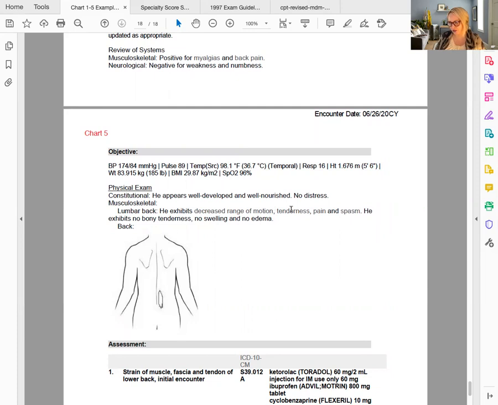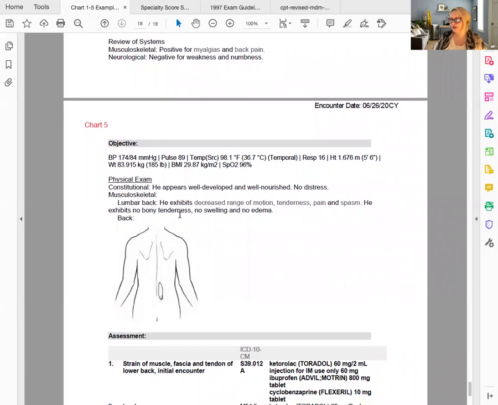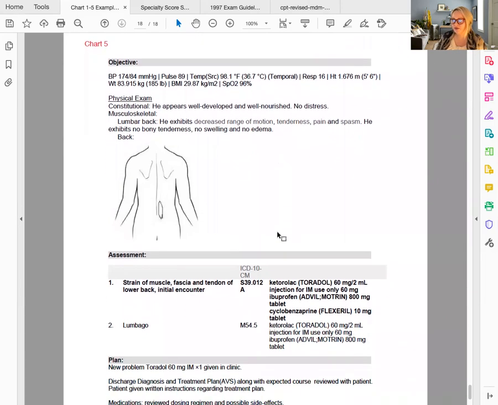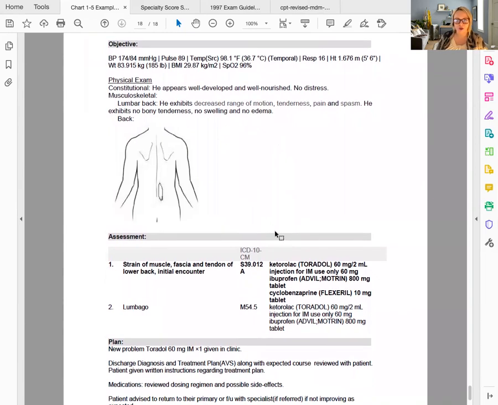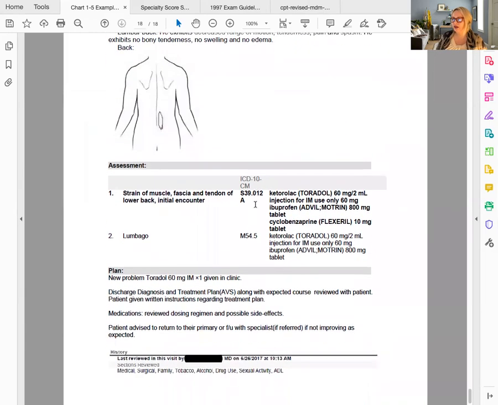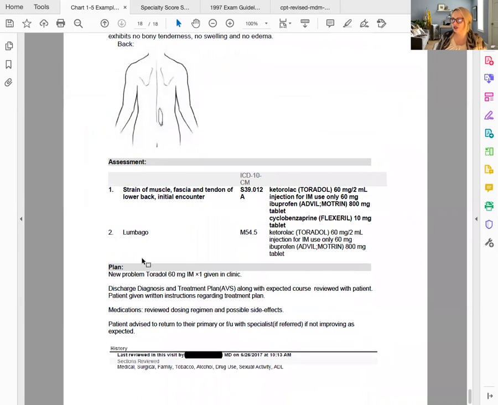They're talking about range of motion, tenderness to pain and spasm, impression when inspecting the back that there was no tenderness, swelling, or edema. So you have a couple of elements, but not a whole lot. And in the assessment section, you have two different diagnoses that are listed. One that is an injury and one that is more of a permanent condition.